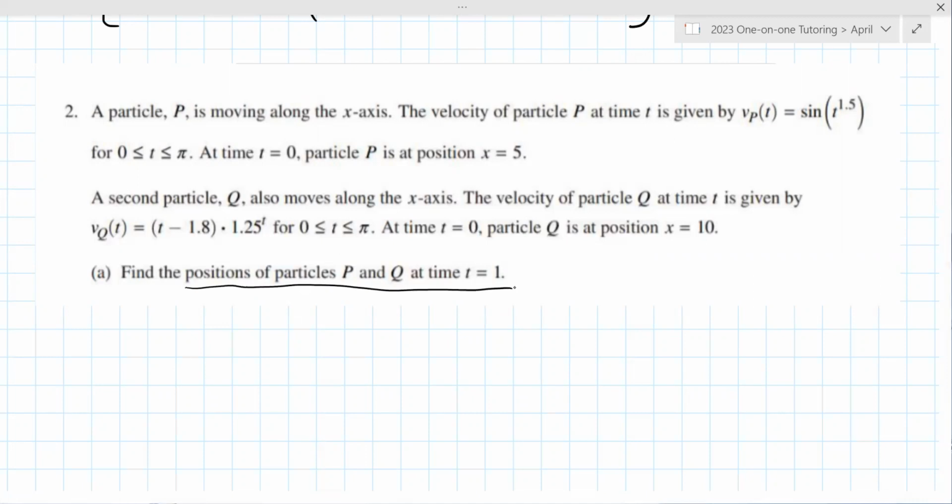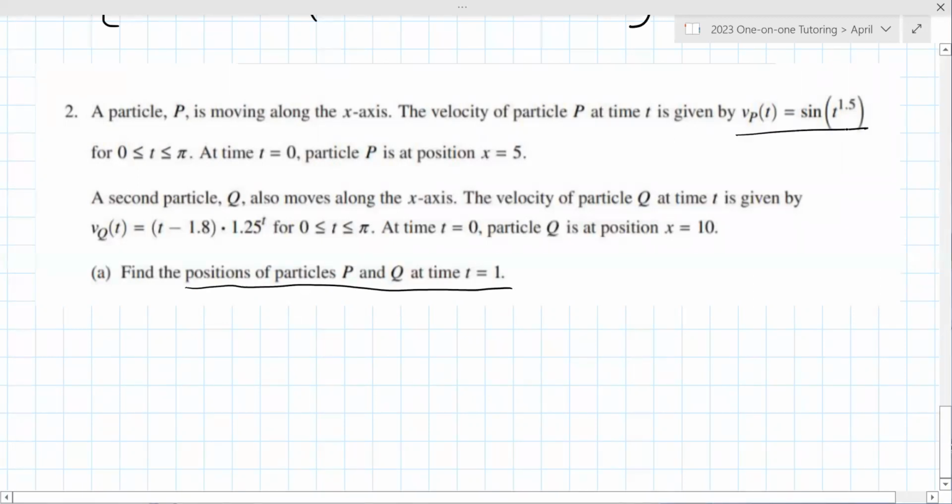They're giving you velocity, so you have to recognize the relationship between position and velocity. There's a fundamental theorem of calculus that says the position function is the initial value at 0 plus the integral from 0 to your time of interest of your function v of t dt.